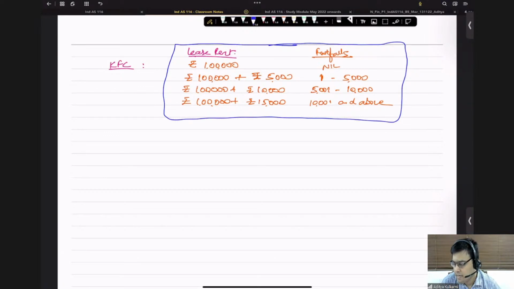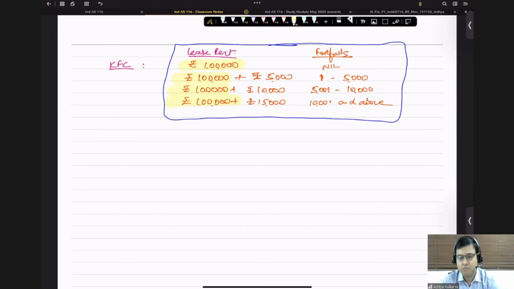Srishti, Manini, both of you, absolutely right. The minimum rent that I am going to pay is 1 lakh. The minimum rent that I am going to pay at all times is rupees 1 lakh.